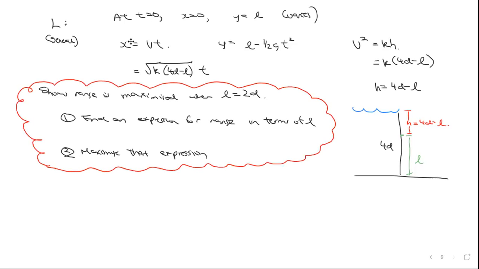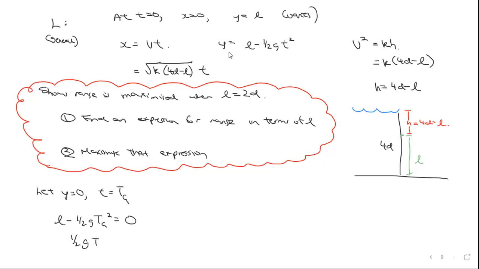So we'll need to firstly find our time. So we'll need to let y equal 0, and t equals your t to hit the ground. So that means we'll need to solve for t. So basically we'll get L minus a half gt squared equals 0.